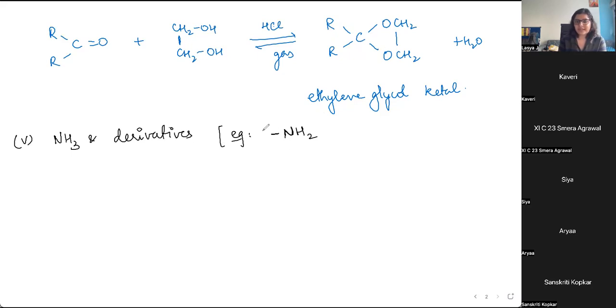So basically anything like, let's call it X, where X is a halogen, right? Let's give it A, where A can be an alkyl group, an aryl group, or another NH2. In that case, you get something called hydrazine. That sort of a thing.